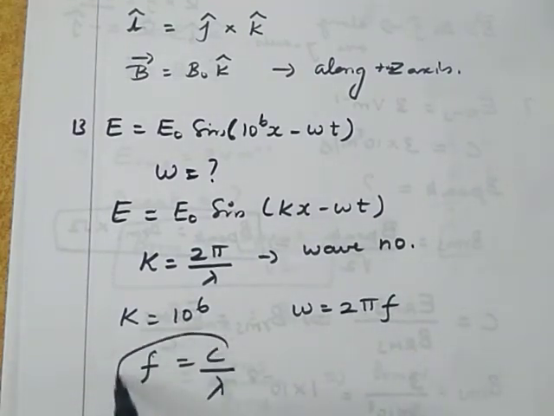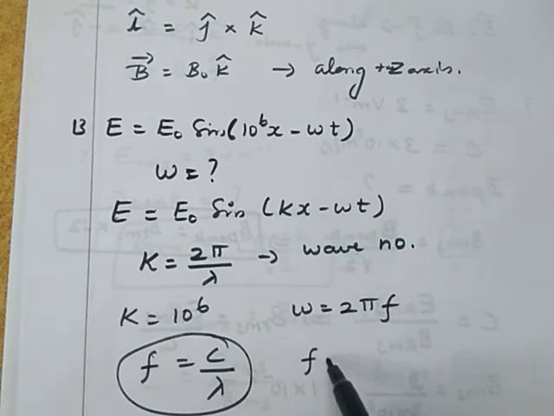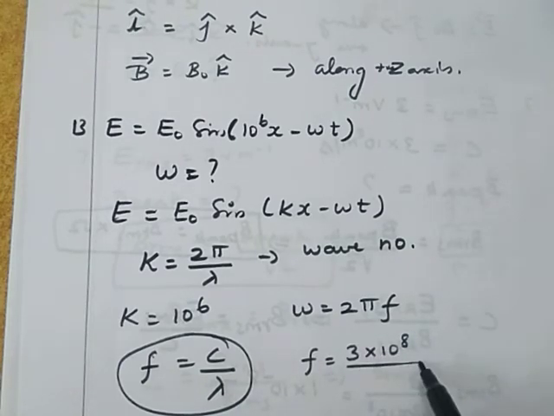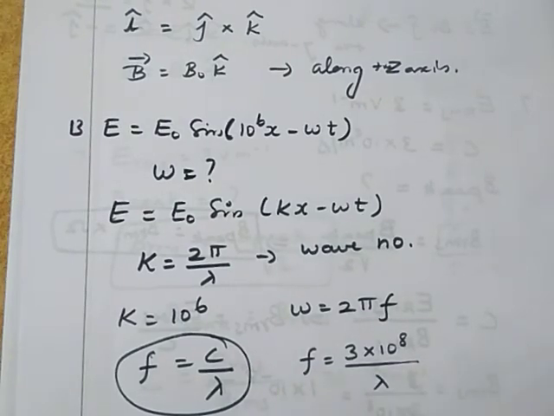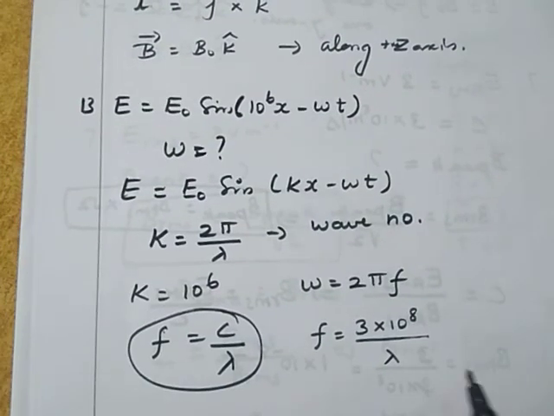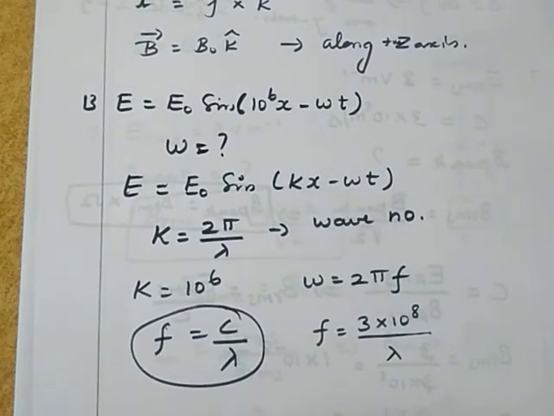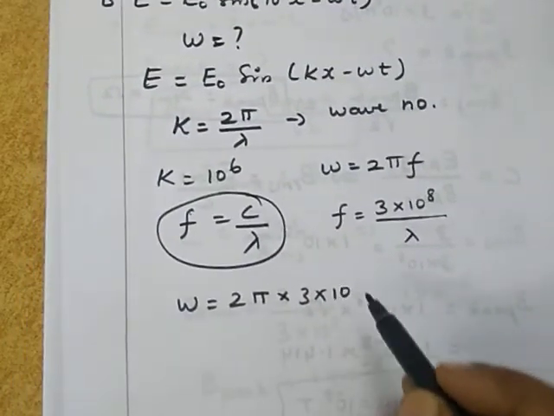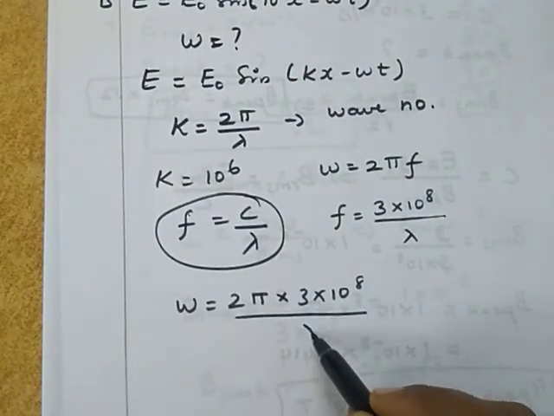From this we can write f is equal to 3 into 10 power of 8 meter per second divided by lambda. We know the value of f, substitute in this expression, then we get omega is equal to 2 pi into f, that is 3 into 10 power of 8 by lambda.